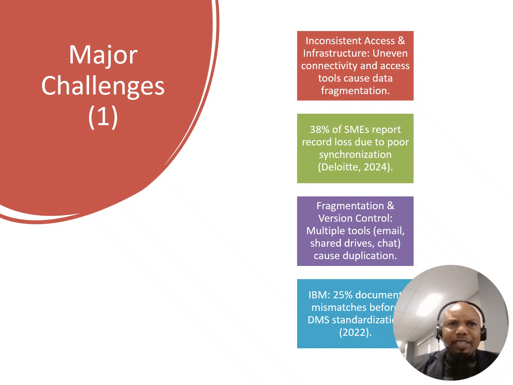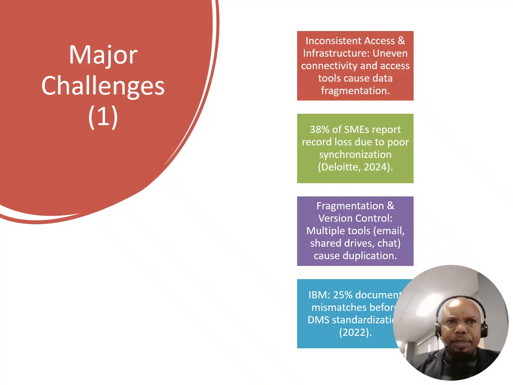We're also looking at which strategies are most effective for overcoming these issues. And we're looking at how AI and digital tools can improve record controls and compliance, which are very important. And last but not least, what human and cultural factors influence adoption and sustainability. These questions are going to shape the structure of the analysis and the recommendations that I follow in this research.